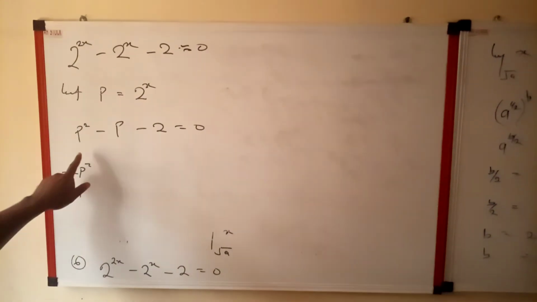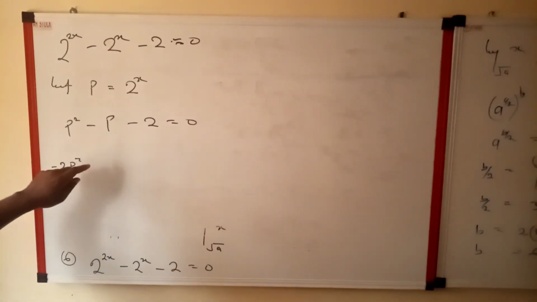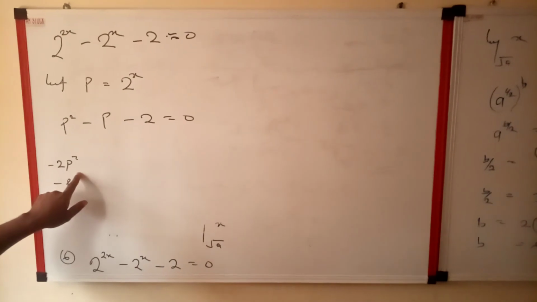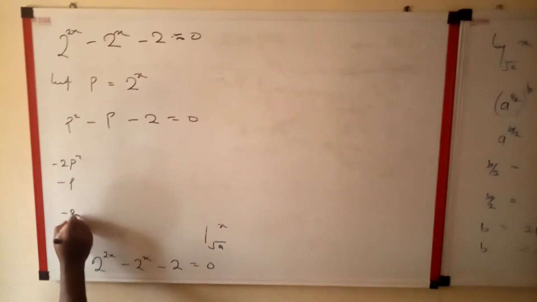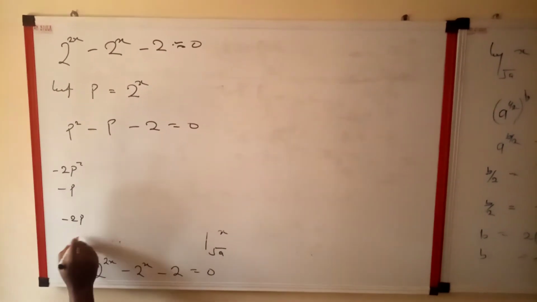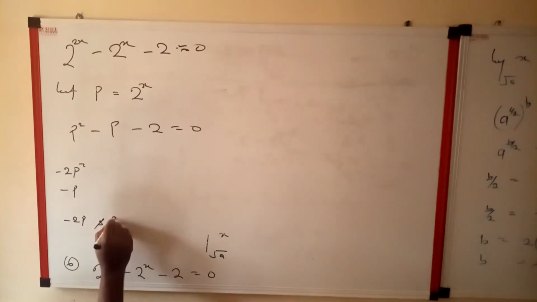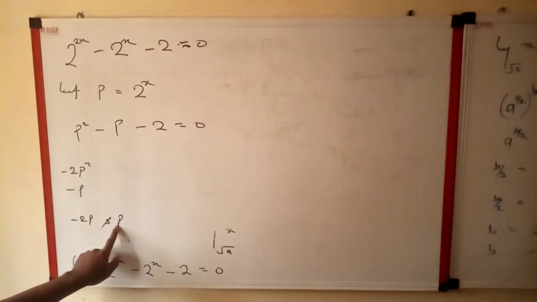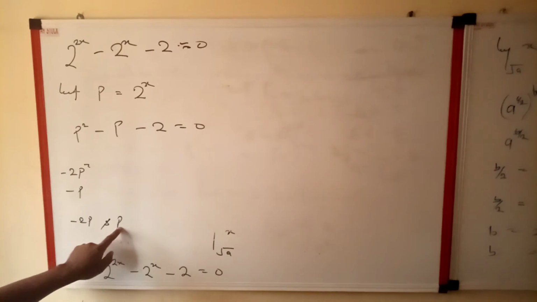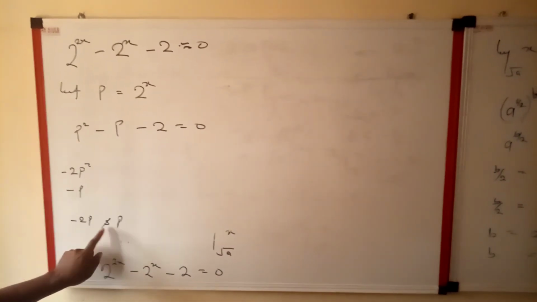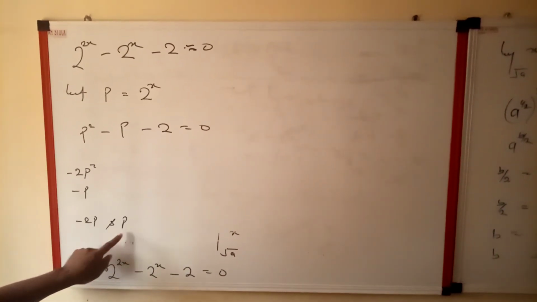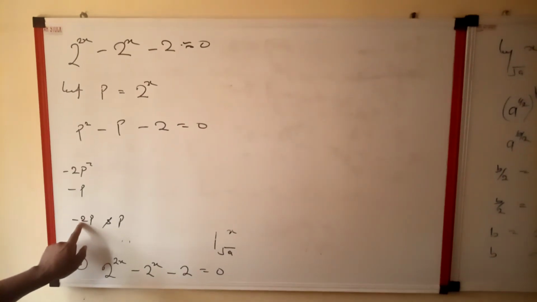And if you look at it, you will see that it is negative 2p and p. Because when you multiply these, you have negative 2p squared, and when you add, you just have negative p.